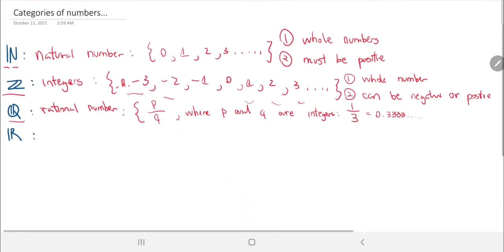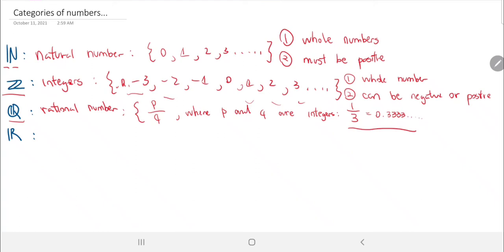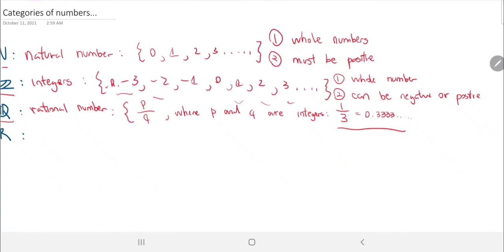The main difference between rational numbers and integers and natural numbers is that rational numbers can include decimals, just like in this case I just wrote. This is a rational number. Why? Because it's 1/3, where 1 is an integer and 3 is also an integer. So a rational number can always be written in the form of an integer divided by an integer.